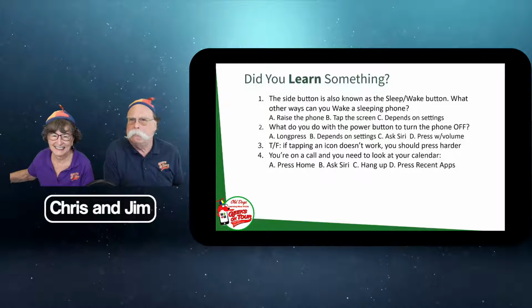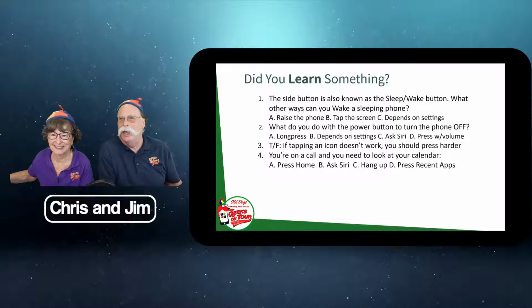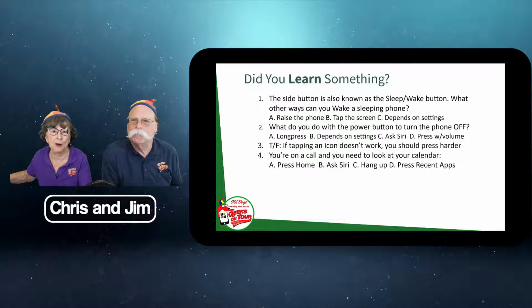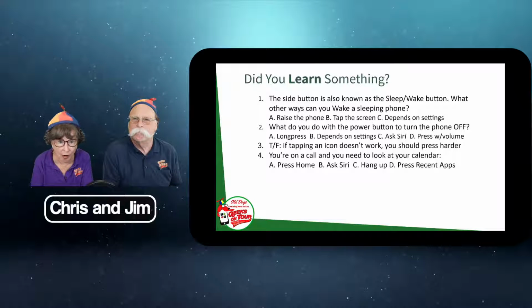Okay, if you're on a call and you need to look at your calendar, A, press home, B, ask Siri, C, hang up, and D, press the recent apps. Well, if you had just been looking at your calendar, then recent apps would be great. Otherwise, you press home and you can open your calendar while the call is still going on.